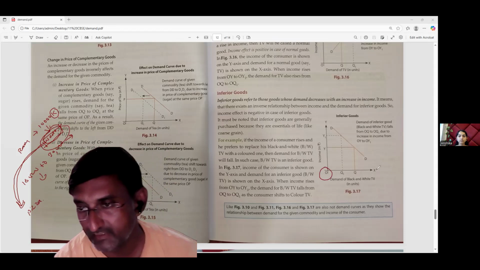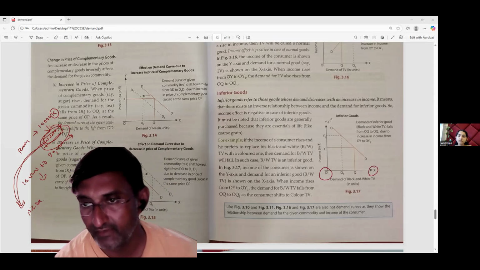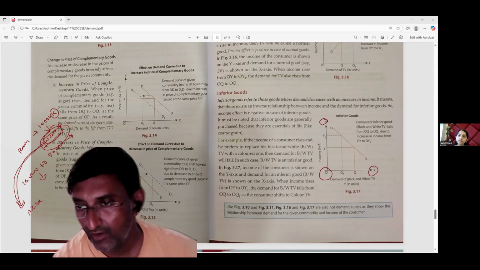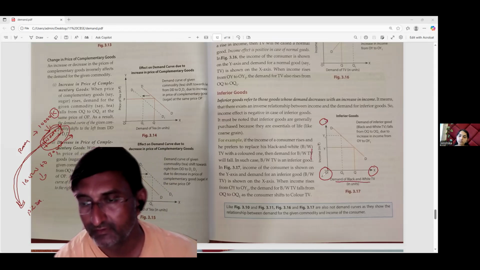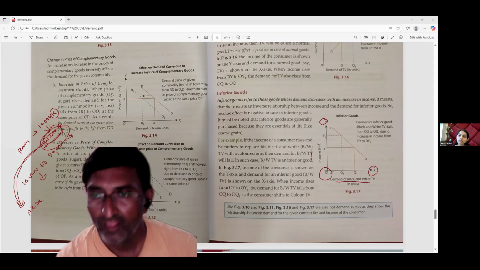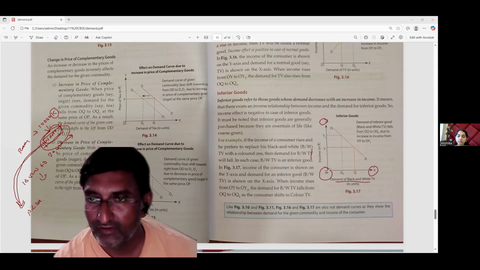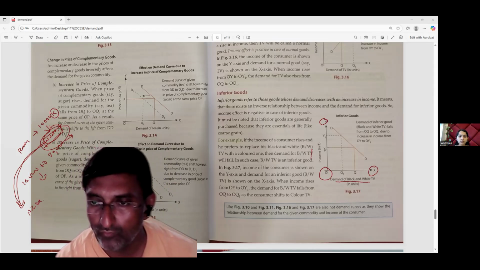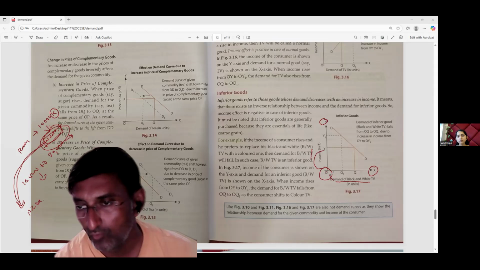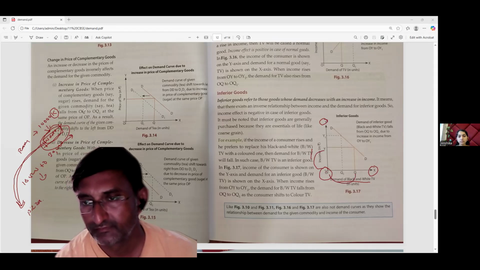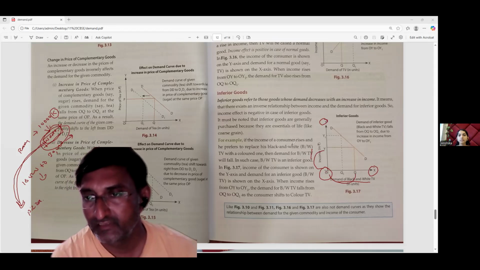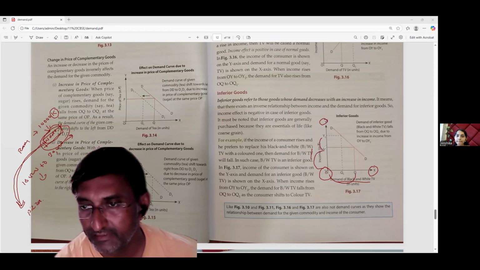Here is the O-axis, here is the X-axis, here is the Y-axis. Now here is the demand for black and white TV, and here is income, right? When the income of Mr. X was O to Y, he bought O to Q quantity, right? But when his income level increased, he'll buy a superior kind of goods.